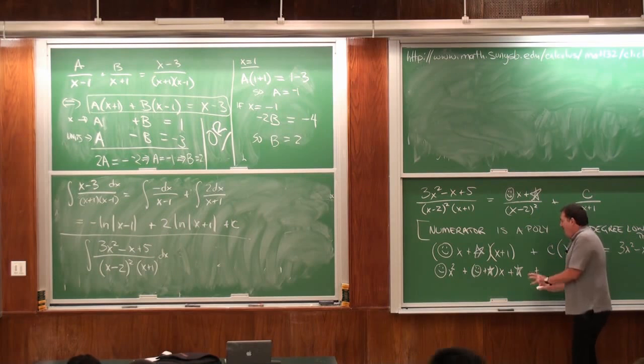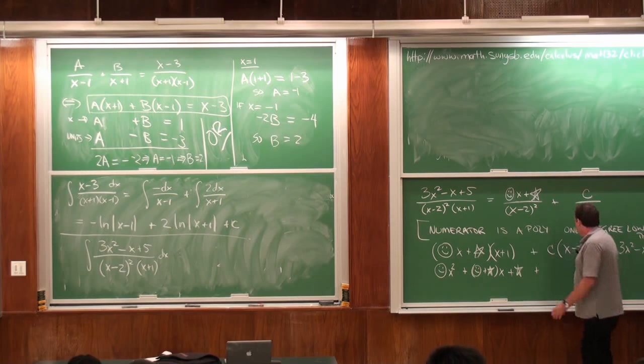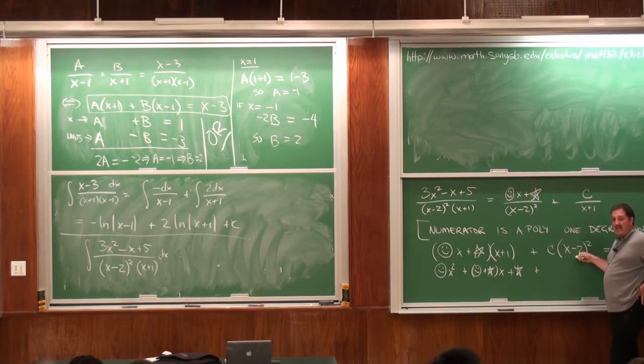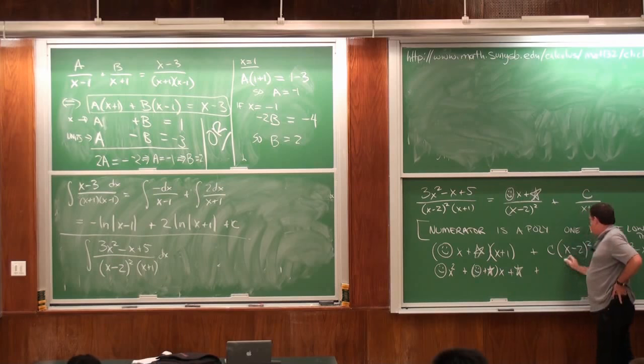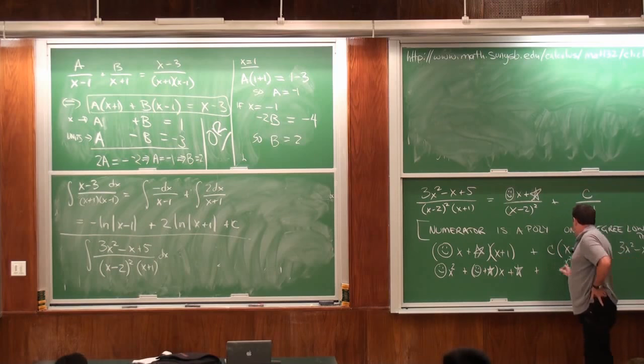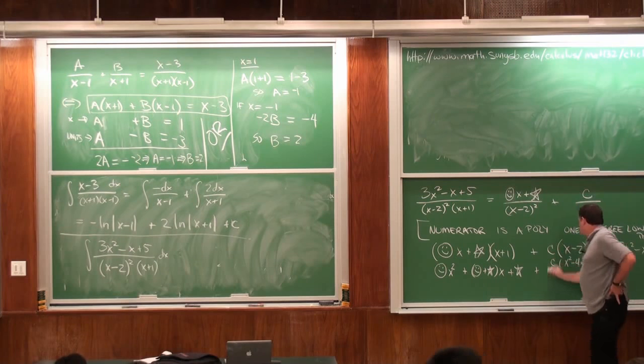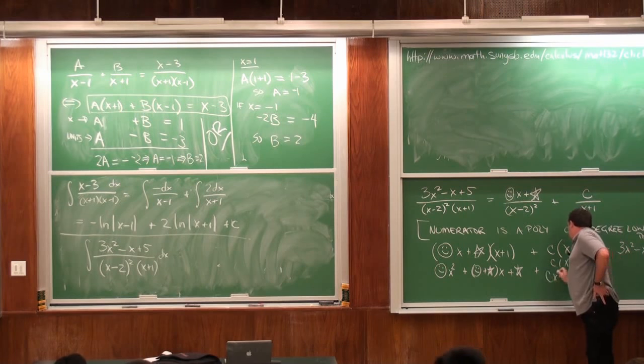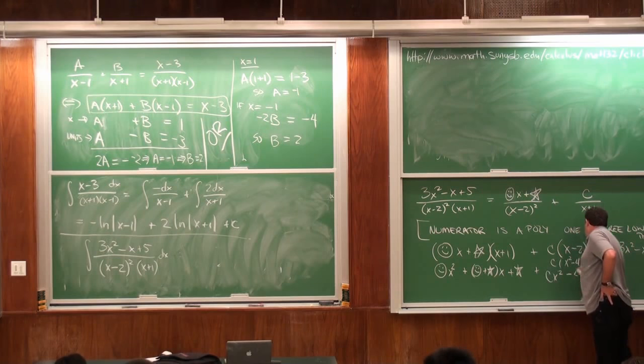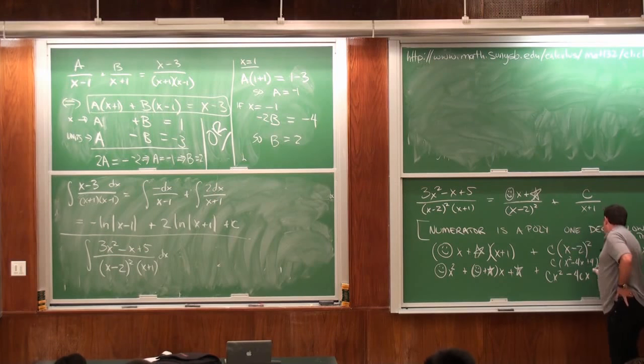And then here I have to square this out. So this squares out to be x squared minus 4x plus 4. And when I multiply that by c, I get cx squared minus 4cx plus 4c, and that has to equal 3x squared minus x plus 5.